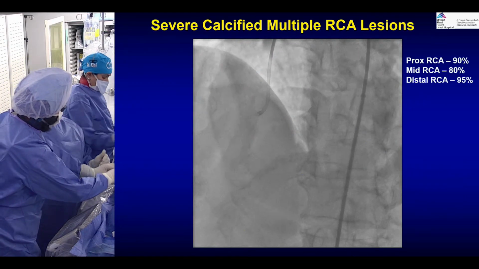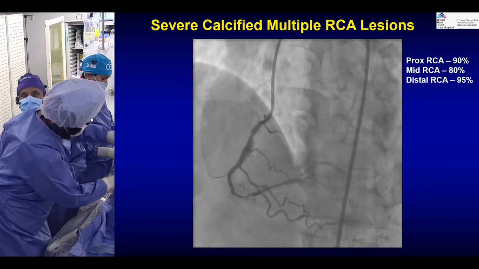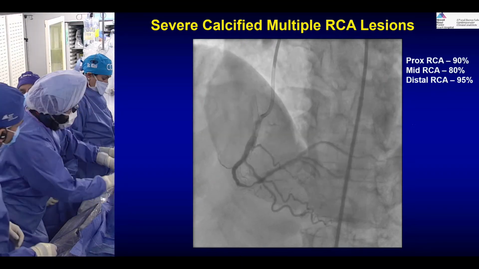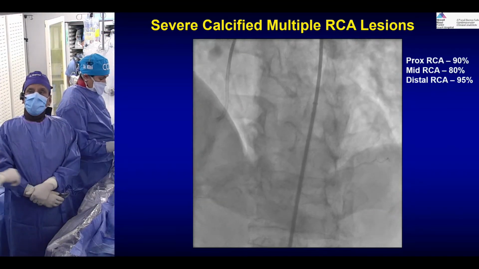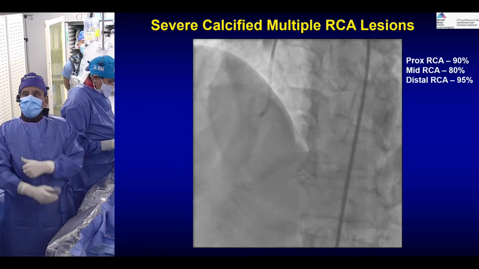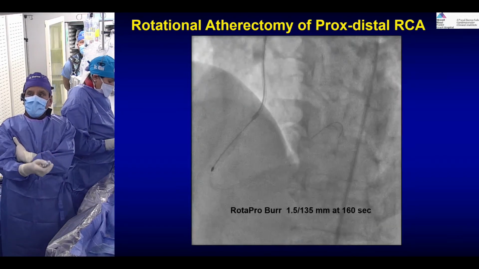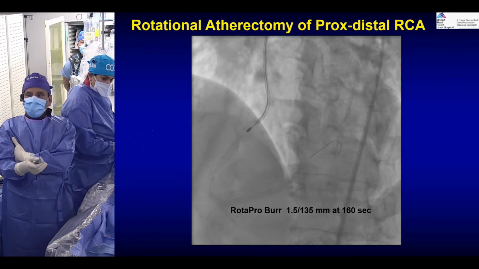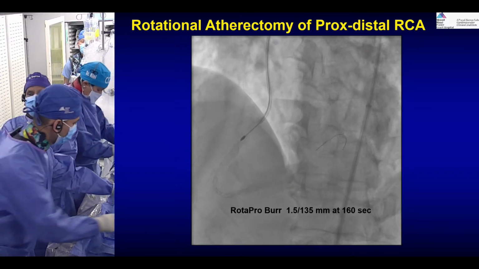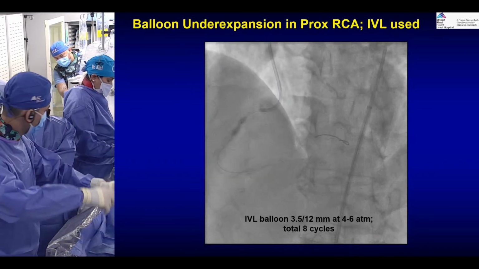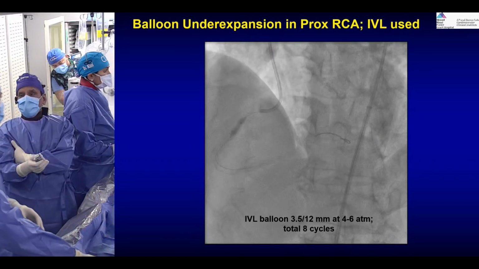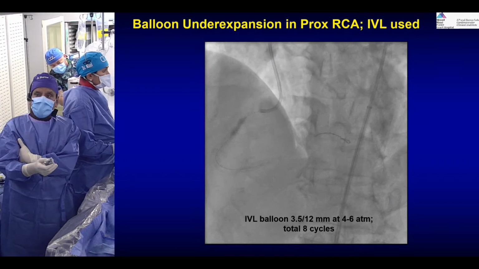This was the right coronary at that time; look at the calcium. Not only on the right, look at the calcium at 12 o'clock on the left main LAD, so very calcific vessels with multiple lesions. The patient underwent rotational atherectomy with 1.5 bar for 160 seconds, then was dilated with a non-compliant balloon, and one place needed IVL.